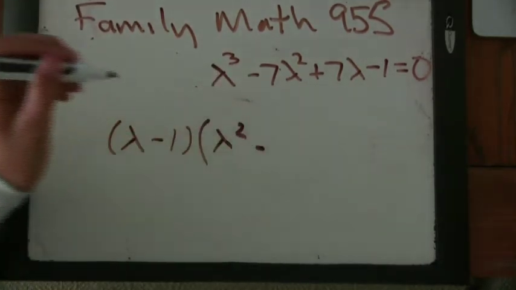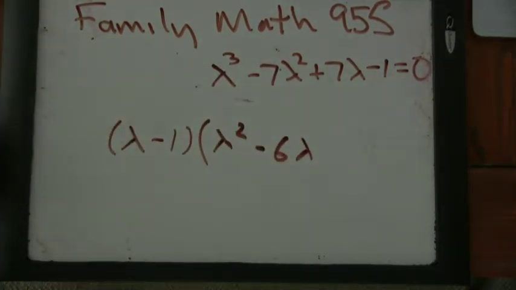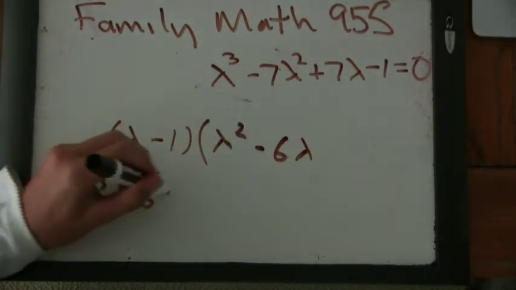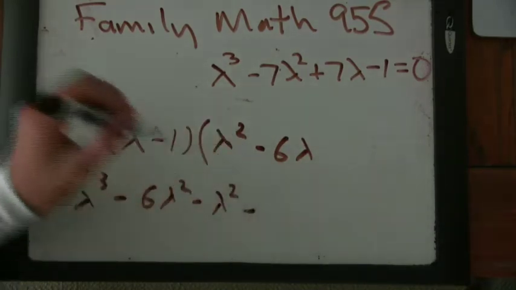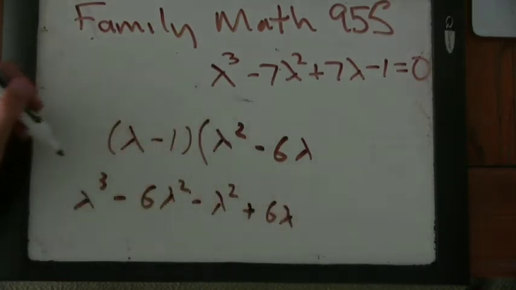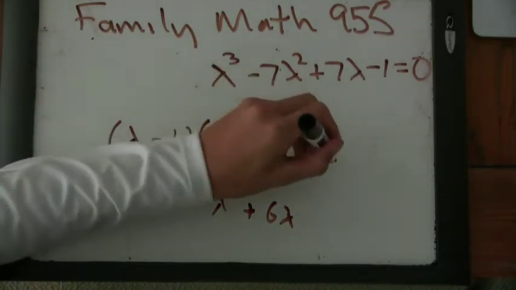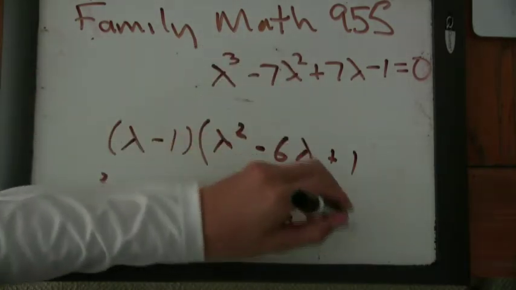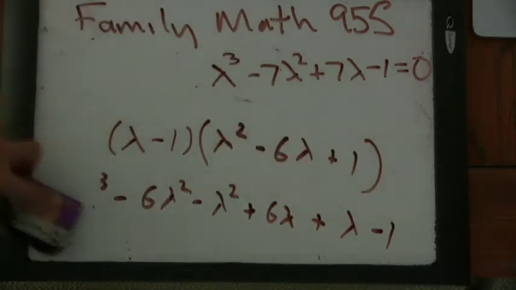So maybe we need minus 6 lambda. So we get lambda cubed minus 6 lambda squared minus lambda squared, and then plus 6 lambda. And then we need a plus 1 at the end. So this is what it's going to factor into.